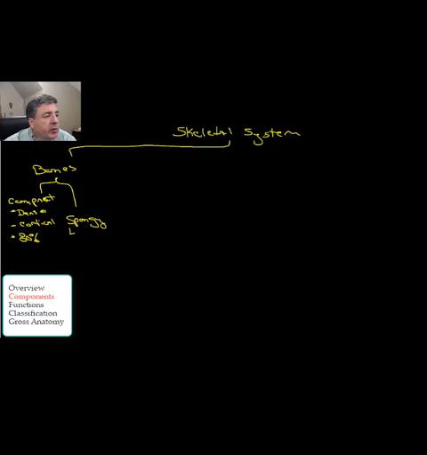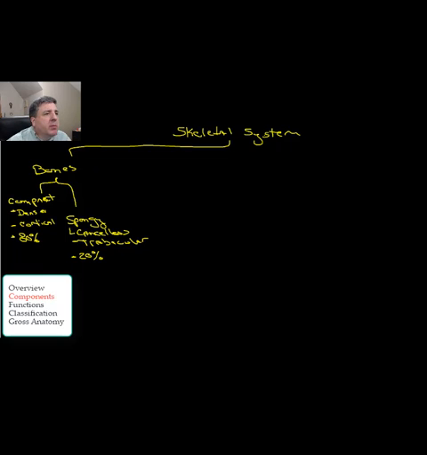Spongy bone is also known as cancellous, also known as trabecular bone, okay? And this accounts for 20% of your total structure. Now, spongy bone, cancellous bone, or trabecular bone, this is going to be internal to the compact bone. So this is the type of bone that's inside the bone, okay?